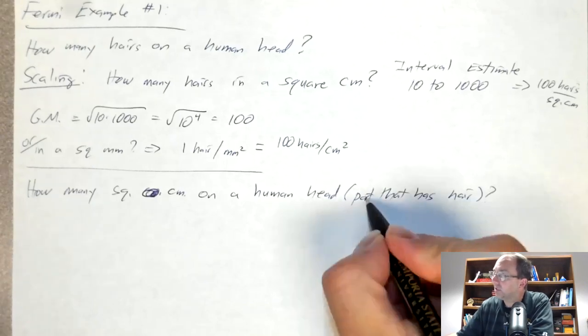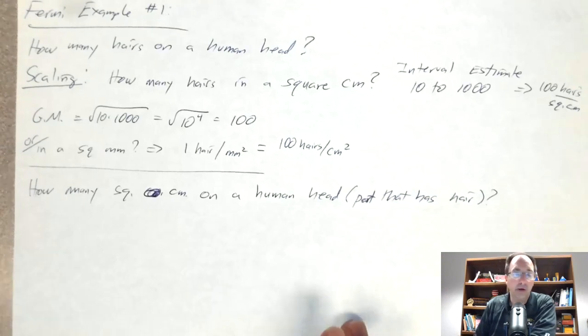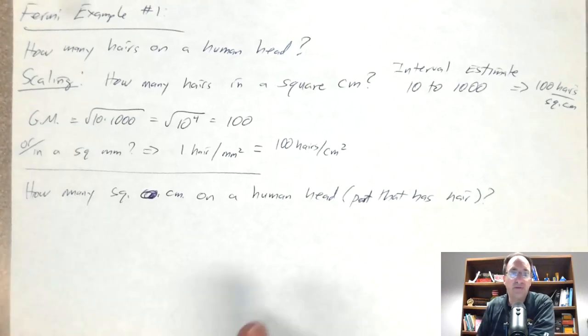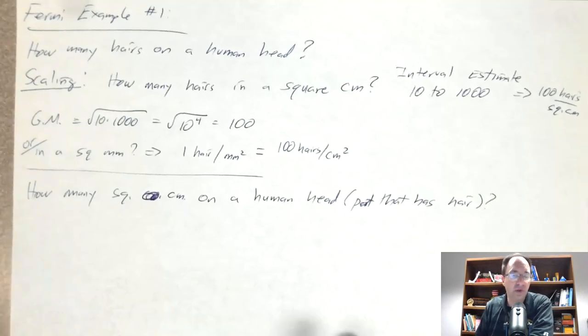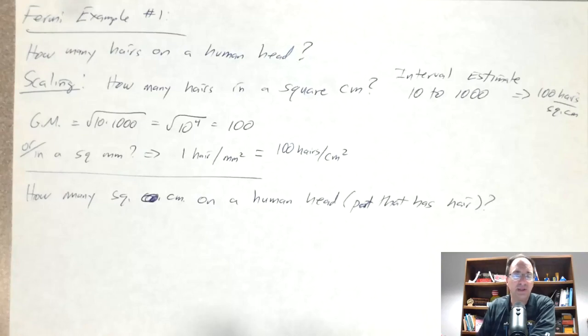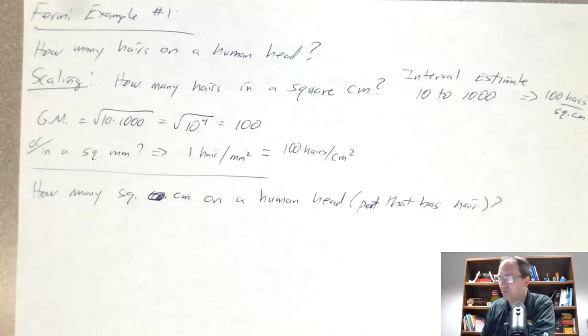Now that's another difficult question because we don't know the surface area of a human head. Maybe I could try to Google that. But again, I wouldn't be confident in that answer because everyone's head is different and we're just looking for an average anyway. And besides, we can estimate that with some tools that we have at our disposal.